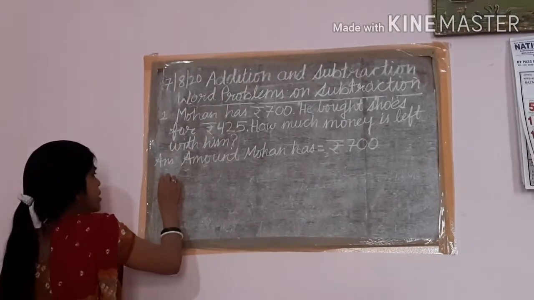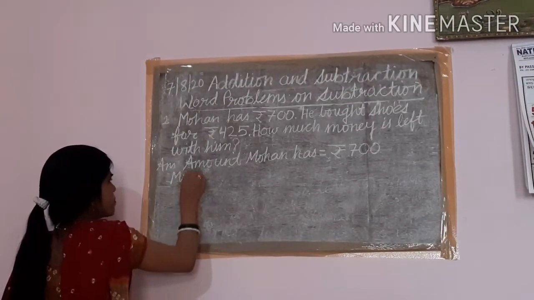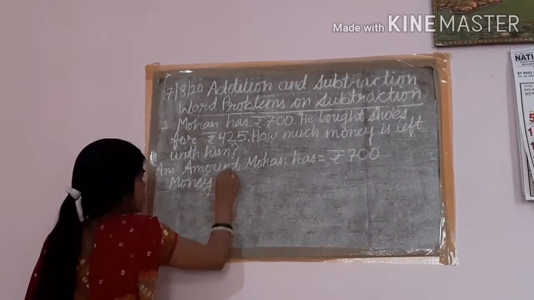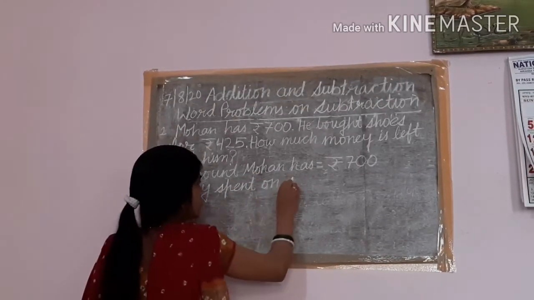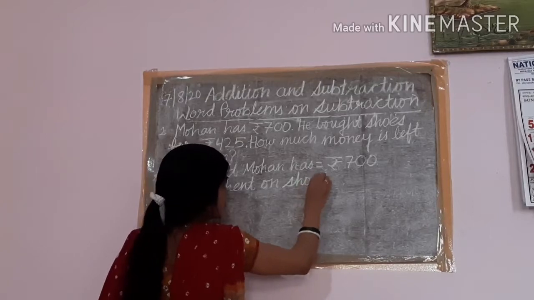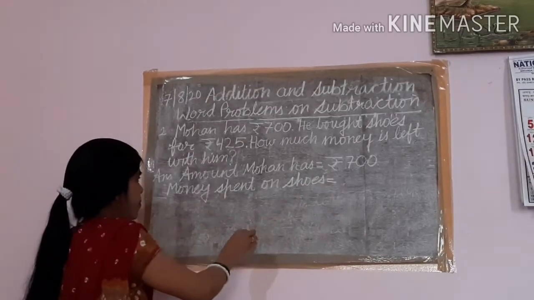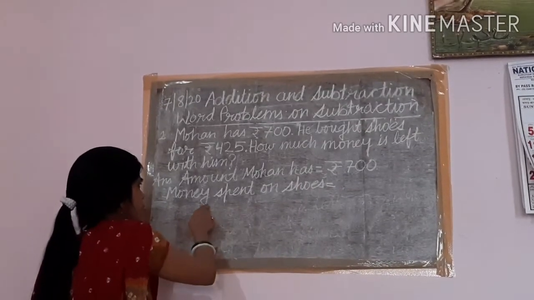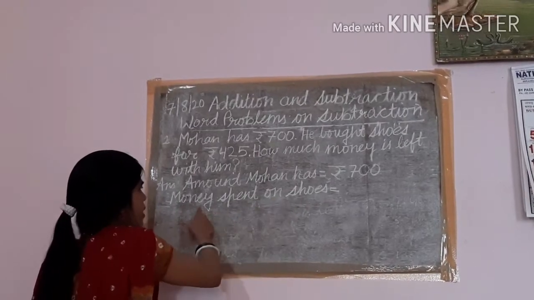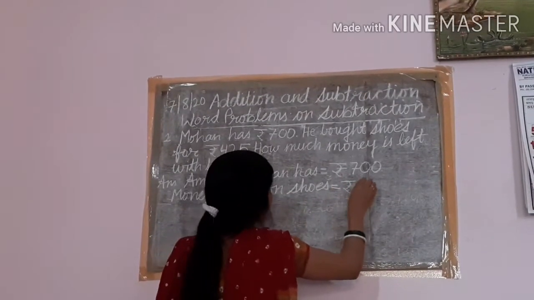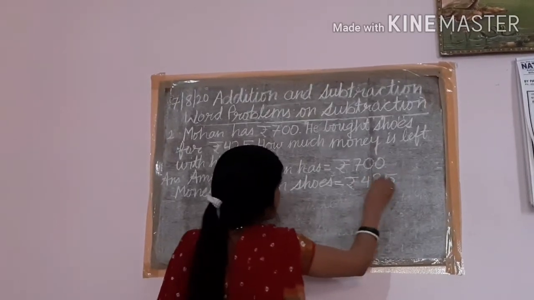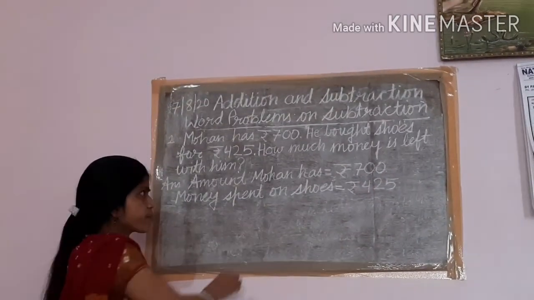So you write here: money spent on shoes by Mohan, or since you are in standard 2, leave it. Money spent on shoes is equal to rupees 425.